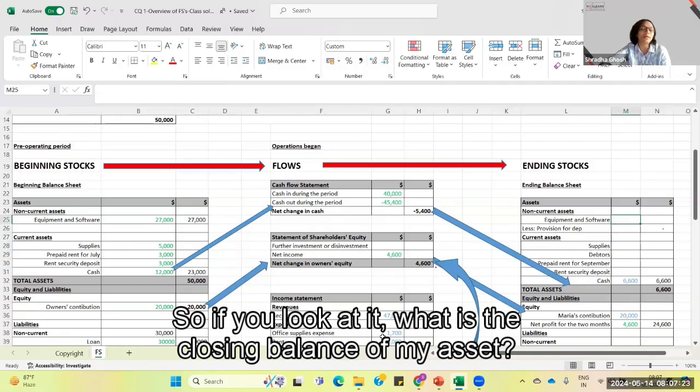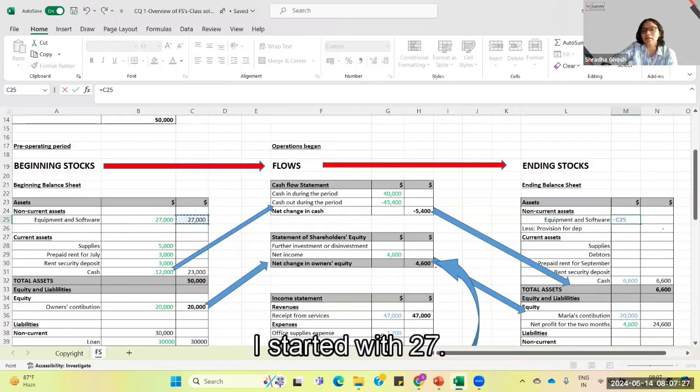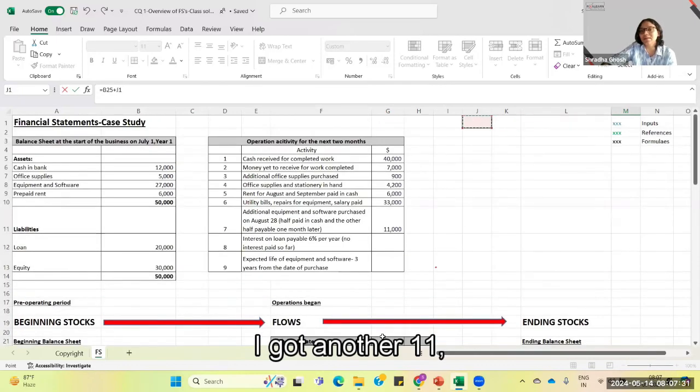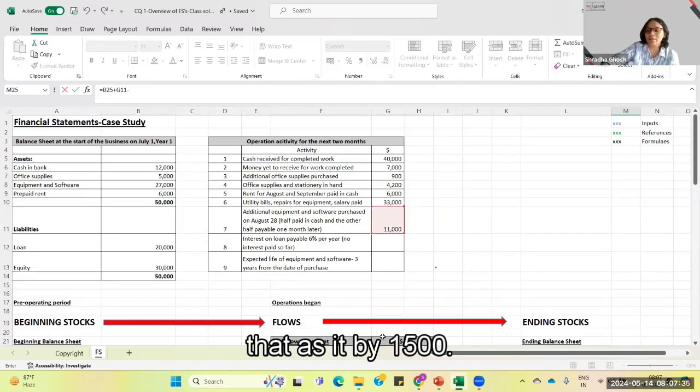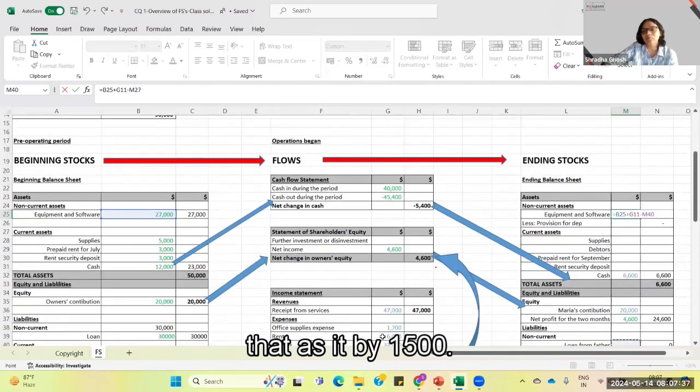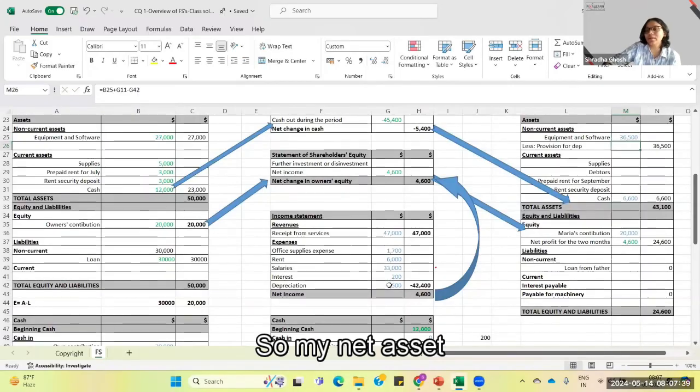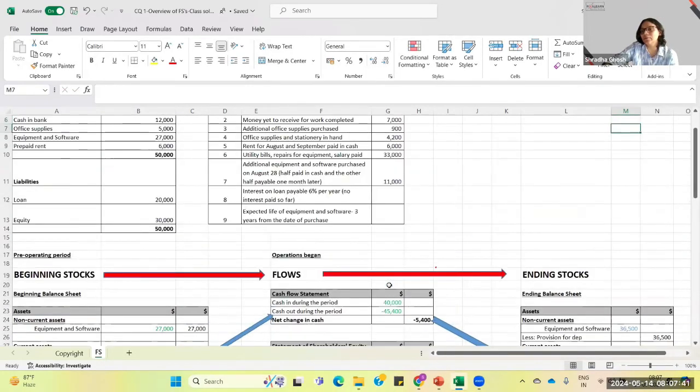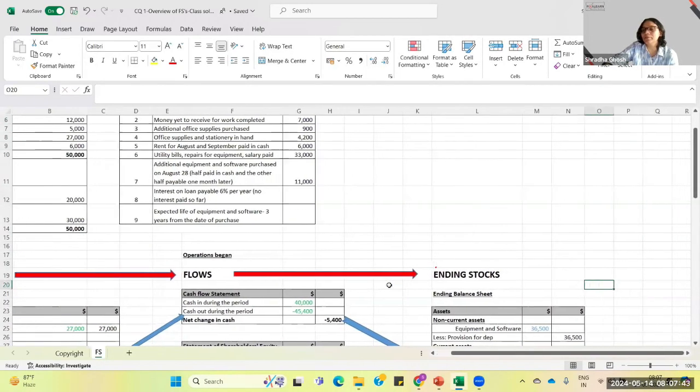So if you look at it, what is the closing balance of my asset? I started with 27. I got another 11 and I depreciated that asset by 1,500. So my net asset equipment was 36,500 in my books.